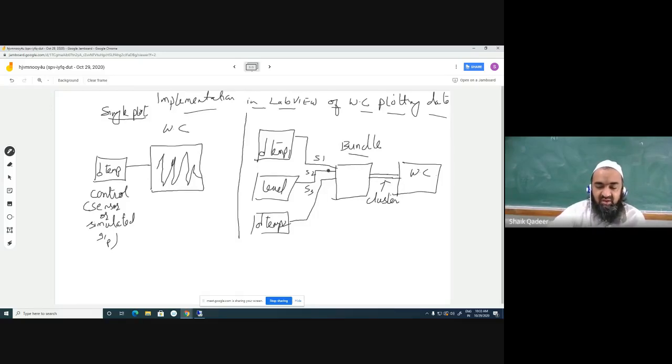To this bundle, give multiple single inputs S1, S2, S3, right? This particular bundle converts these single inputs, which are scalar inputs, into a structural object called cluster. That cluster input we can apply to waveform chart. Hope it is clear to everybody. Yes, sir. Yeah, take it down.